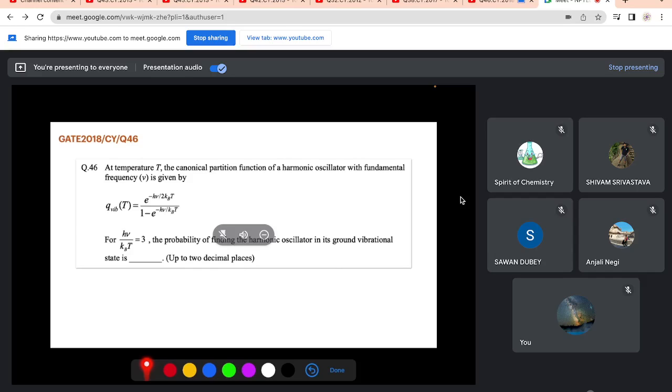However, states with different energies have different probabilities, and they contribute differently to the overall observed macroscopic property of the system. So it is important to find the probability of a state with a given energy, because they all contribute differently to the overall observed macro state property of the system.